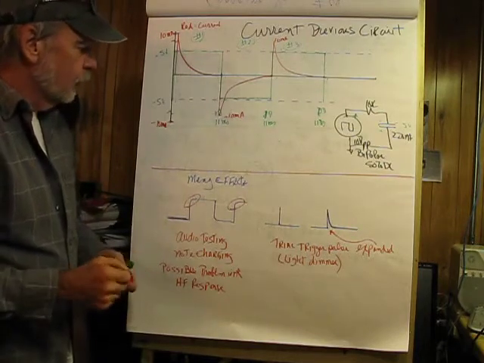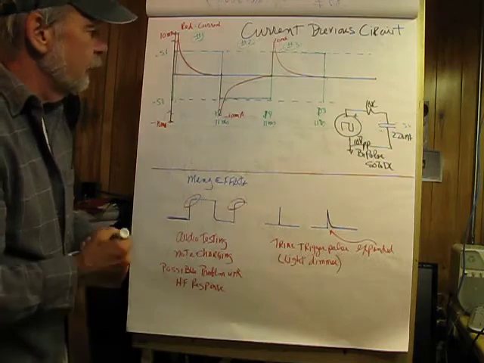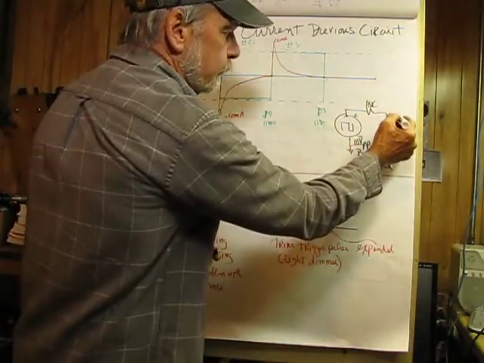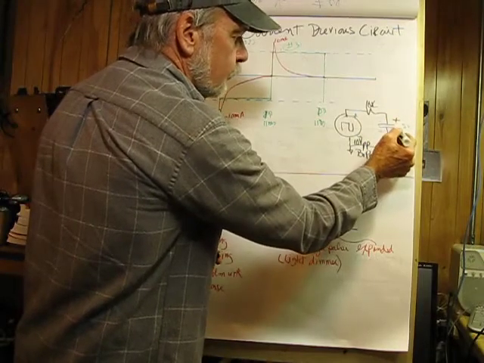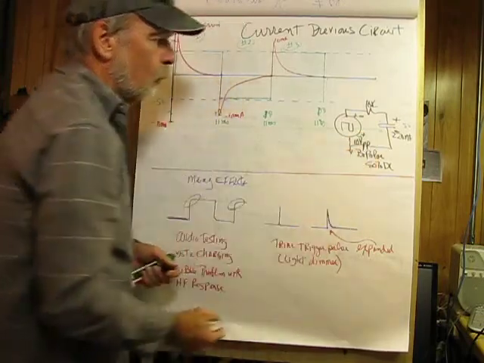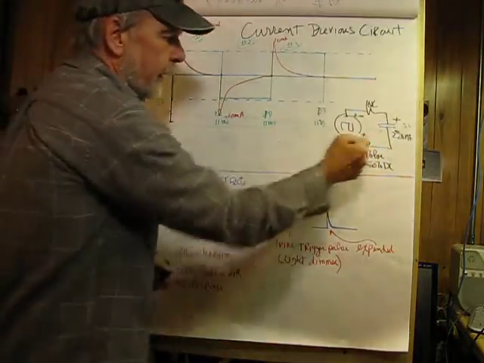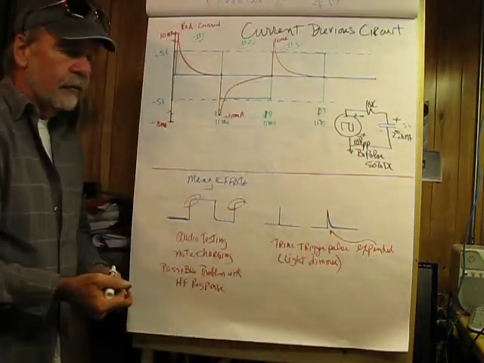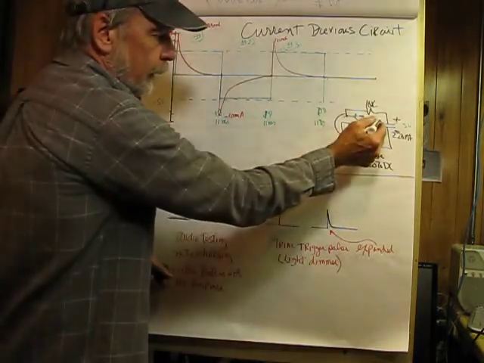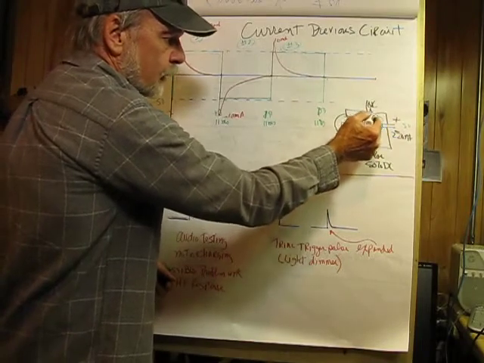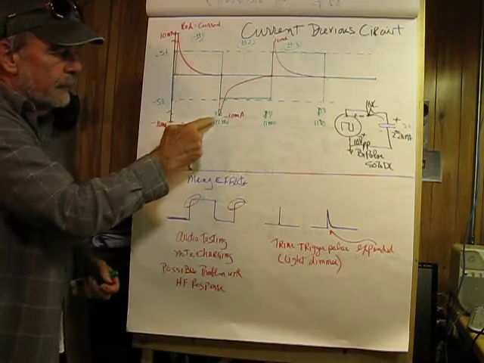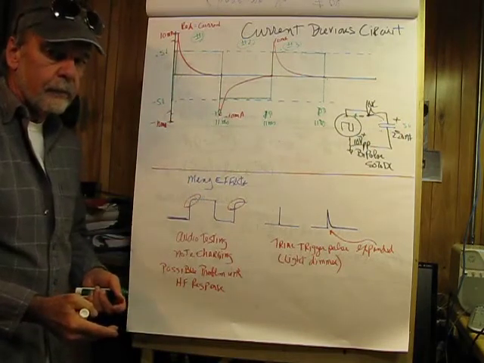The capacitor voltage now is going to be at plus 5, so I'll use a different color here, plus and minus, and this is going to change from minus to plus, and once again we're series aiding, and we have negative 10 volts in the circuit, and the current is going to be flowing in the opposite direction, plus to minus, and this is going to drop down to negative 10 milliamperes.